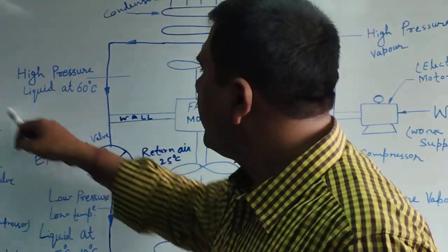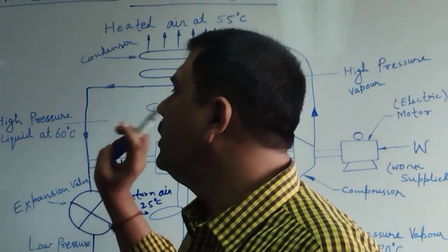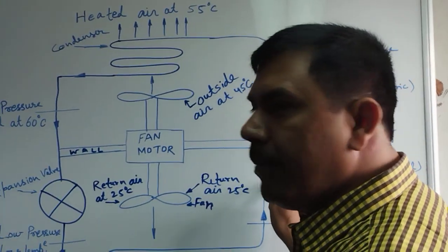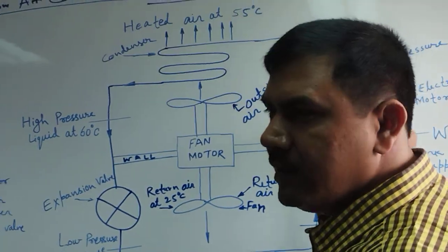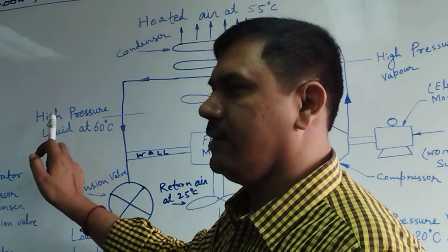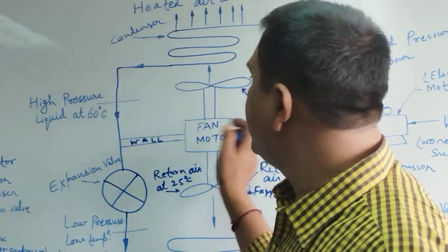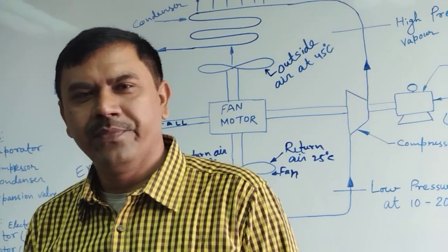After the condenser, the refrigerant is in liquid state, but the compressor compresses it and it goes to the high pressure region. The liquid state is about 60 degrees Celsius, suppose, and the pressure is high.